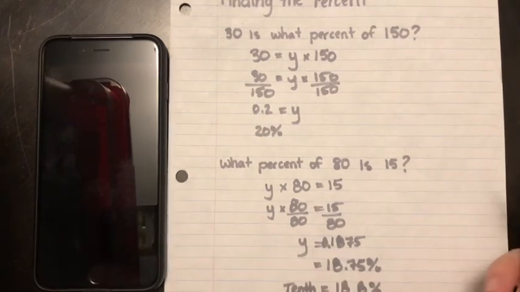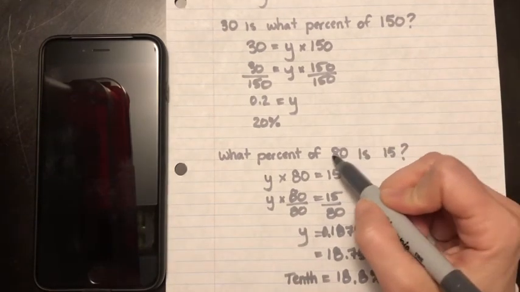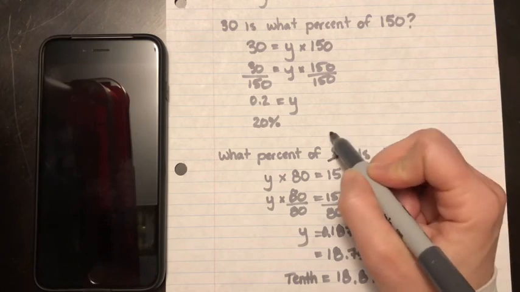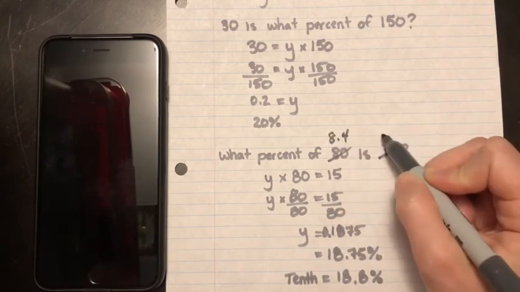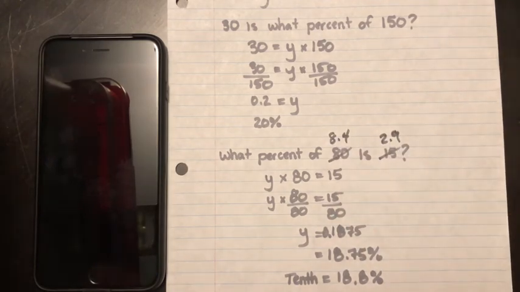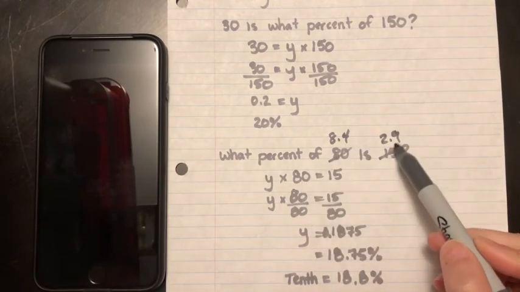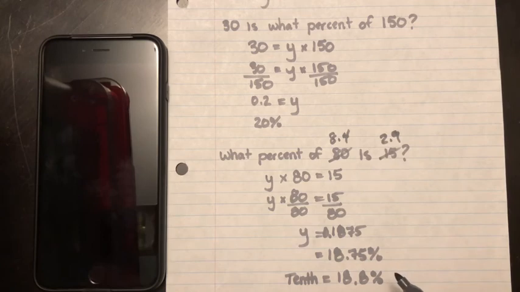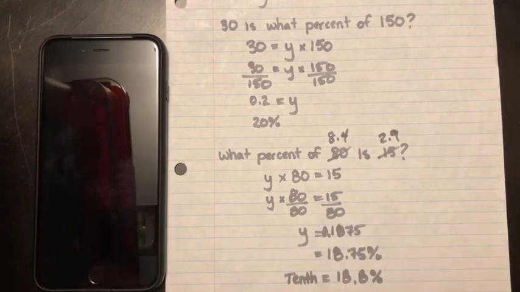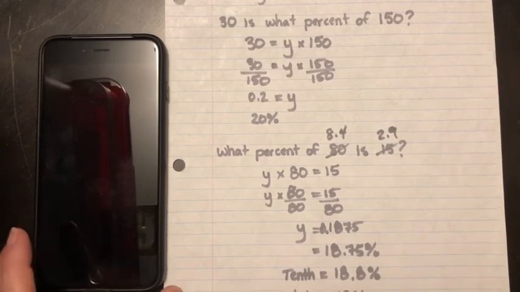Let's say this is what percent of 8.4 is 2.9. Instead of 80, you put 8.4. Instead of 15, you put 2.9. And then you just continue to calculate it out with the division, finding the answer from there, okay? All that stays the same.